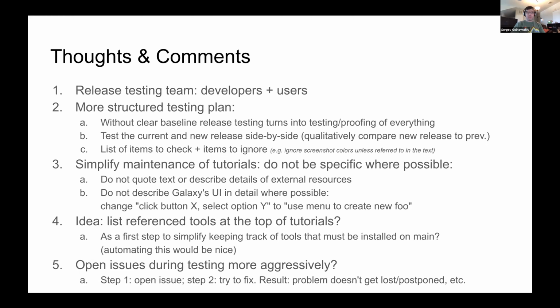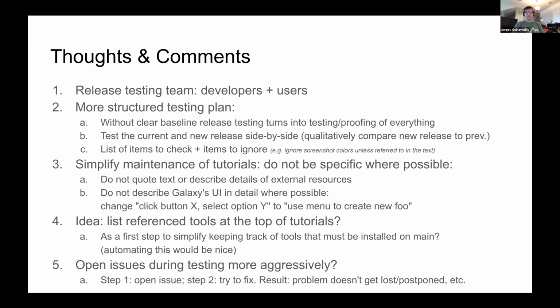Two, more structured testing plan. So again, what we experienced, and again, this is from our personal experience from this testing period, without a baseline or a more structured approach, it's really turning into a routine usability testing. It's testing for everything.